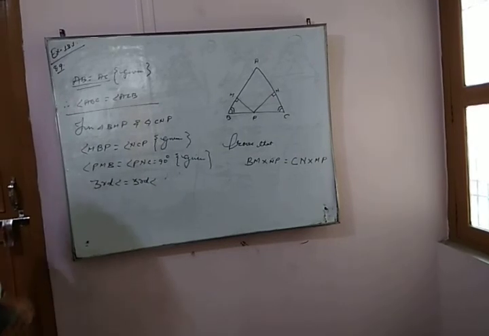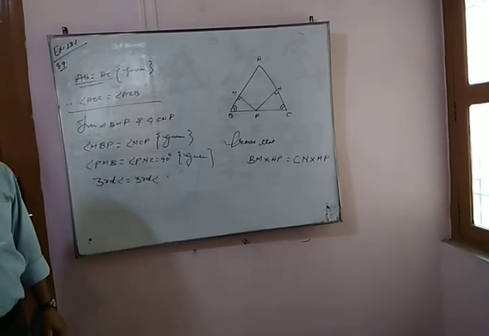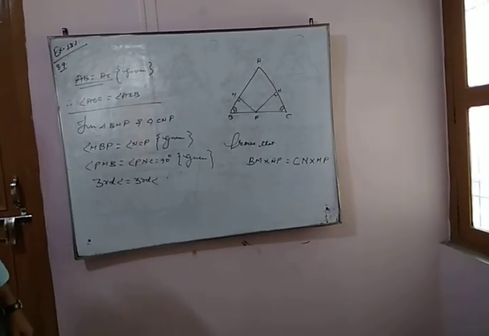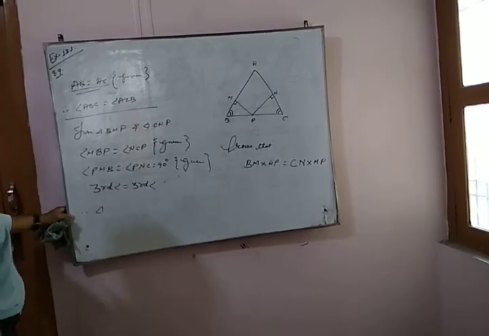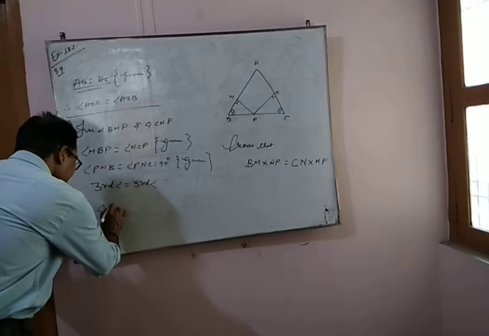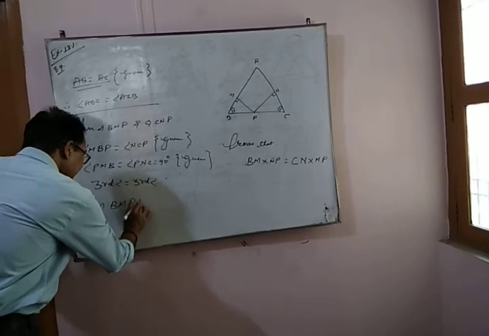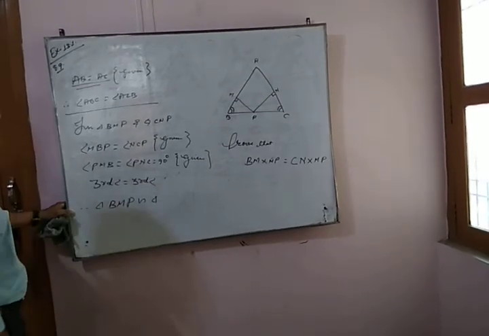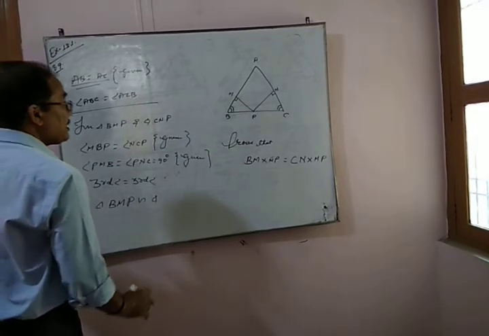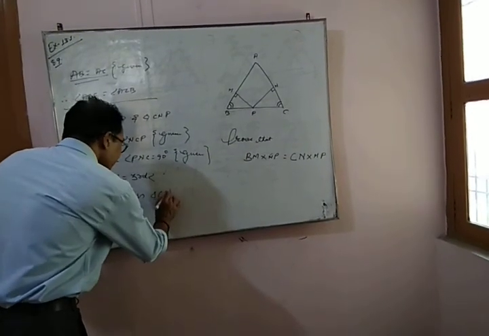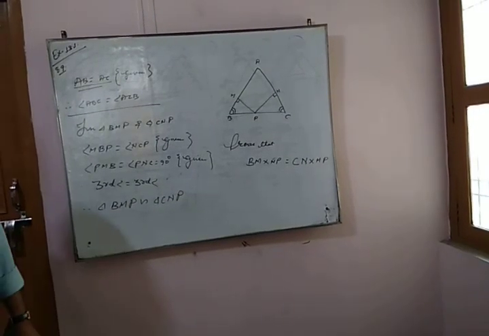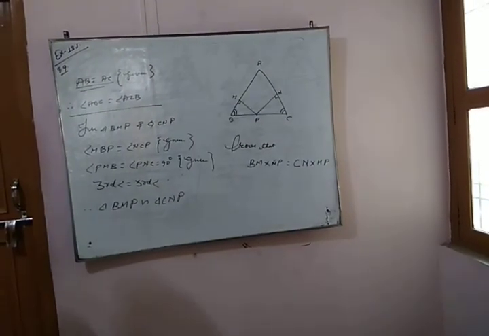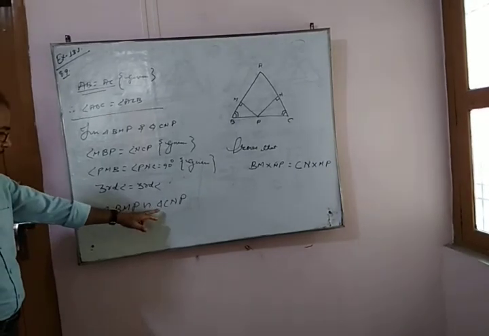So following the angle criteria, these two triangles are similar. Therefore triangle BMP is similar to triangle CNP. Their vertices are written in the proper order.